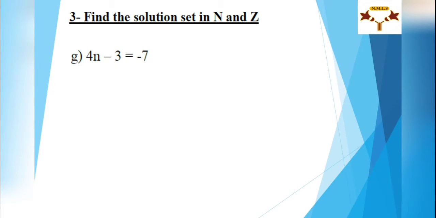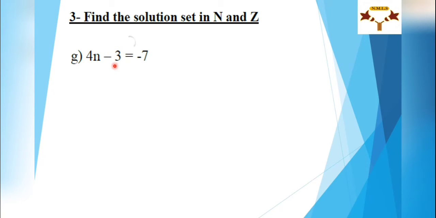Exercise number 3, here number G: 4n minus 3 equal negative 7. I have two operations here to do. I have 4 multiplied by n and minus 3. First, I will go for the plus or minus. I will leave the coefficient for the end, okay?